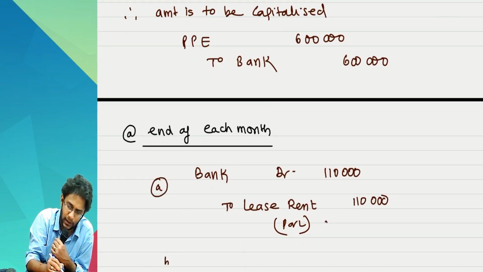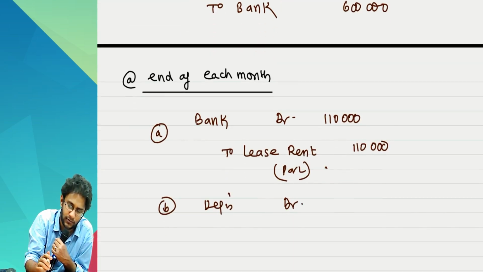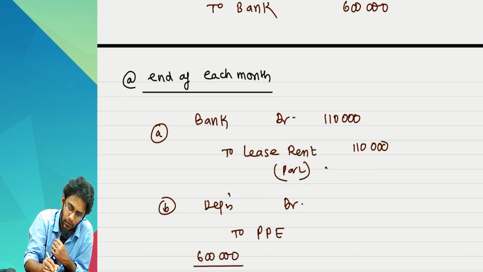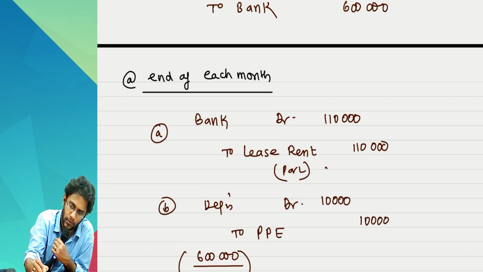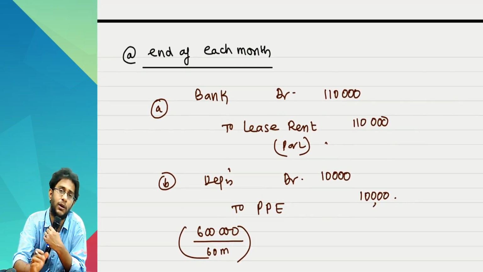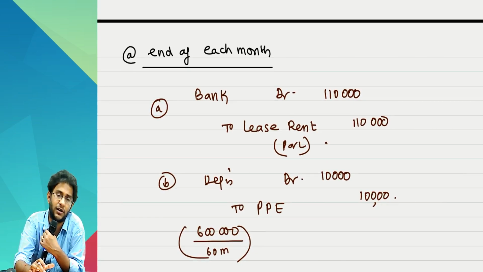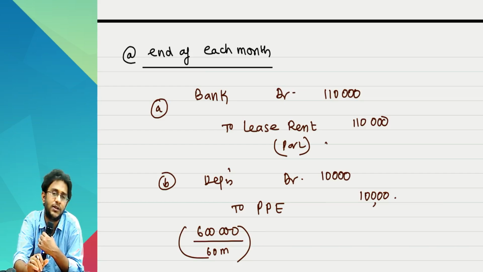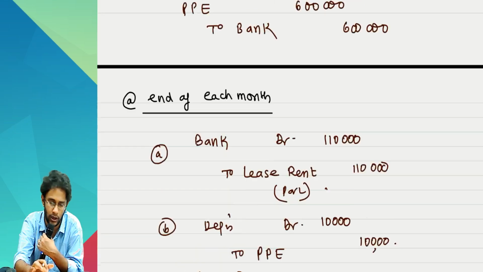But now that you capitalized your asset, which has a life of 60 months, 5 years, either way, ultimate impact on P&L account is same only. In scenario A the lease rent per se got affected, in scenario B the lease rent is intact, and depreciation extra you have to provide. Net impact is same only, either way.